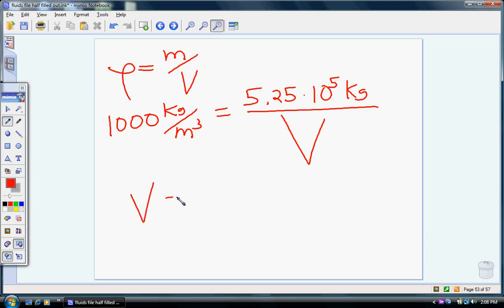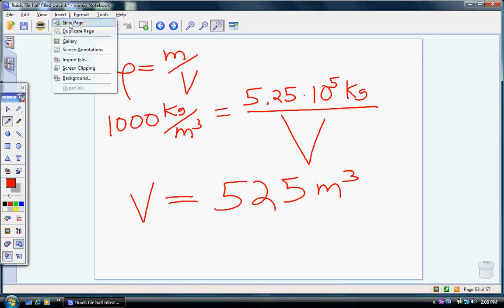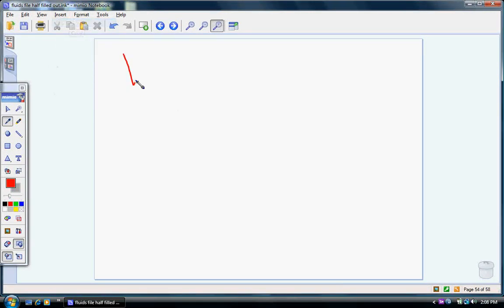And if I solve that for the volume, I get 525 cubic meters of water.